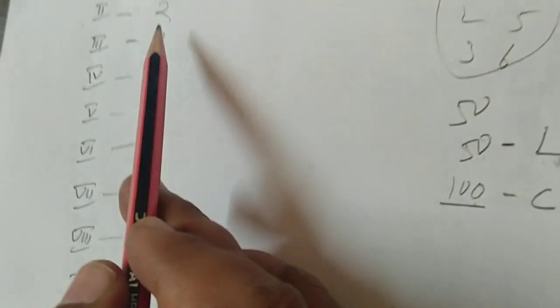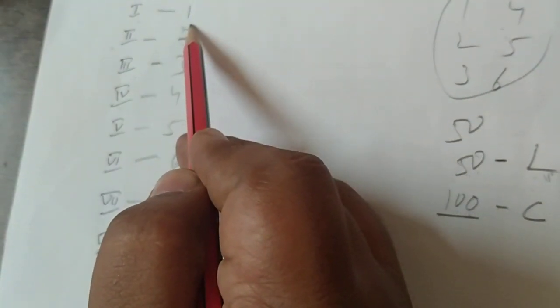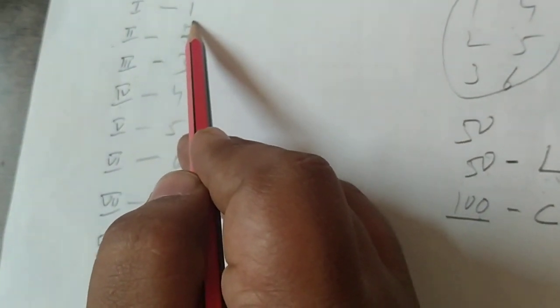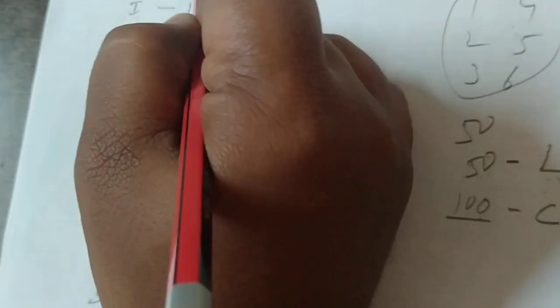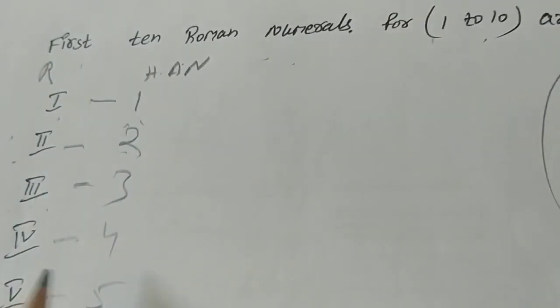My dear students, now I am asking a question. Tell me which is the Hindu and which is the Roman. Is this Roman or Hindu? Yes, exactly, your right answer. It is the Hindu Arabic numerals. Is this Hindu or Roman? Yes, perfect, it is the Roman. Now you got it?